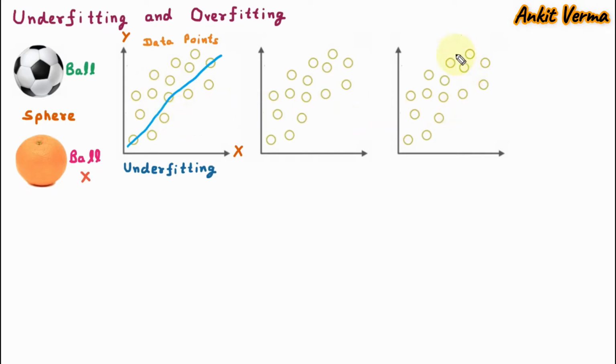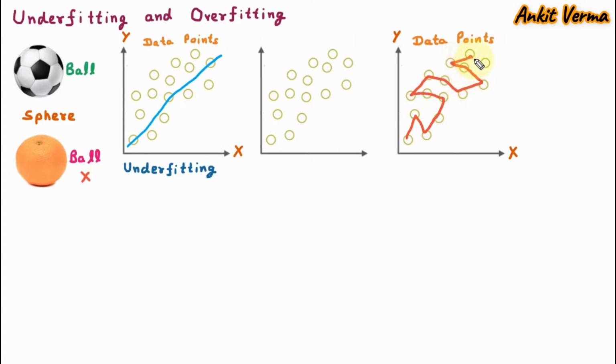Now we are taking another diagram where we have the x-axis and the y-axis, and there are certain data points. Now we are going to join these data points, and here we can see that our model is going to join all the possible data points.